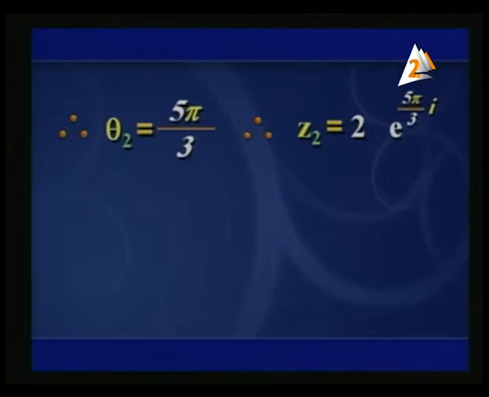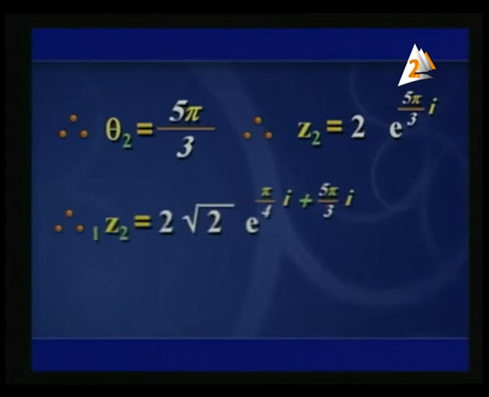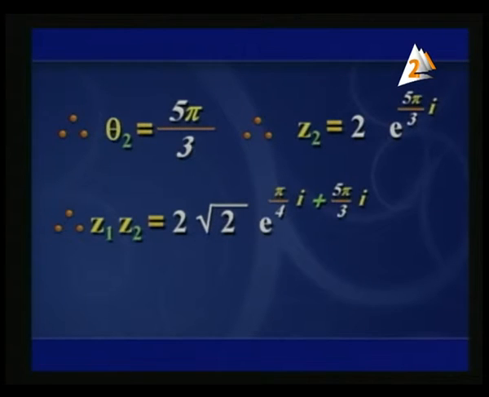Then z2 equals 2e power 5 pi over 3 i. Then z1 z2, the product of z1 and z2, equals 2 root 2 e power pi over 4 i plus 5 pi over 3 i equals 2 root 2 e power 23 pi over 12 i.